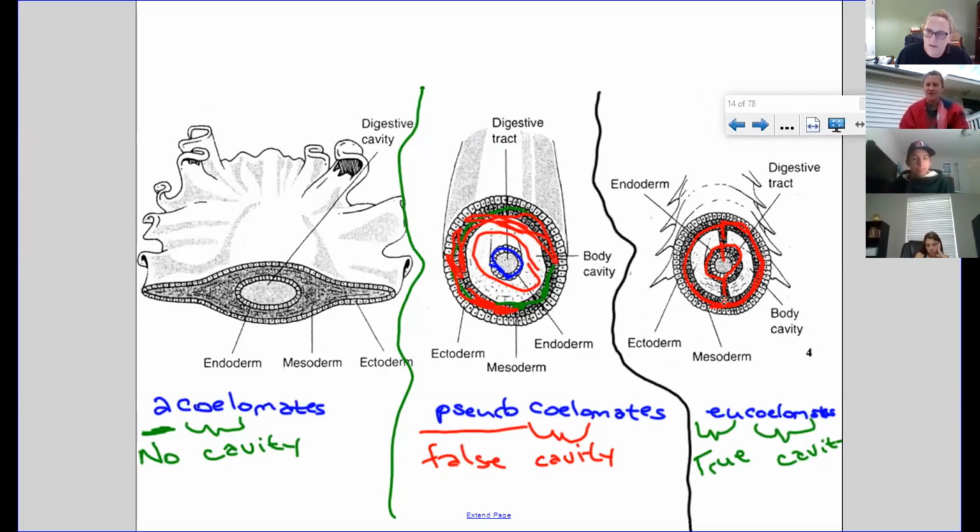If I colored this body cavity, this coelom, black, you'd see it's got red on all sides of it. So is that body cavity totally surrounded by muscle?